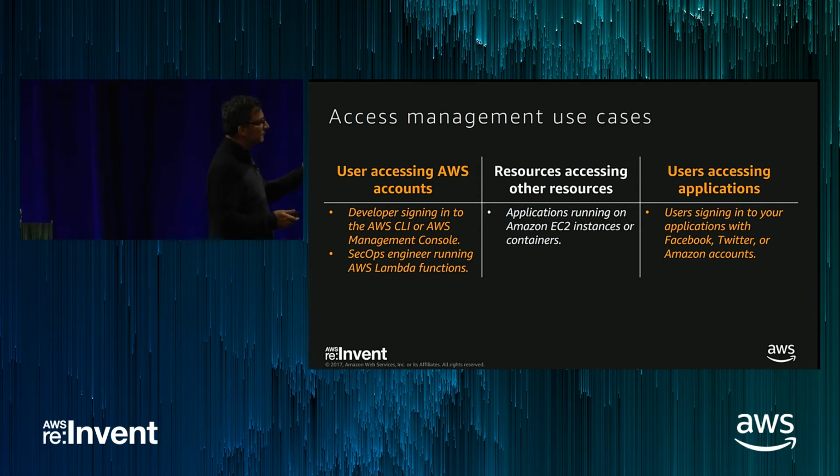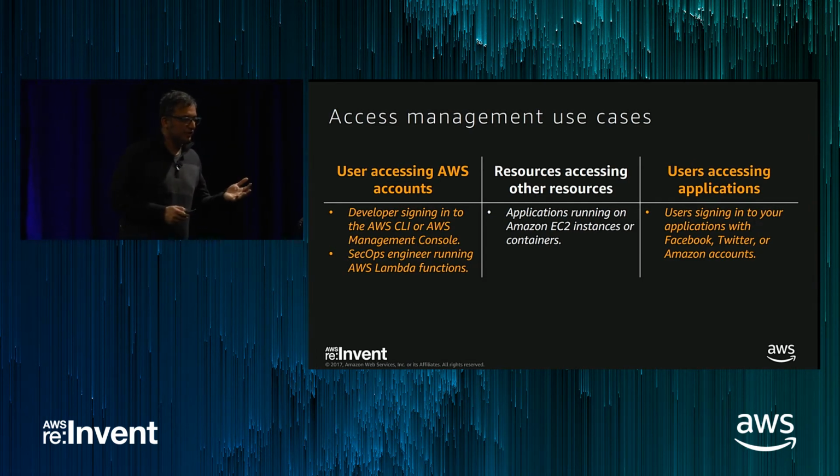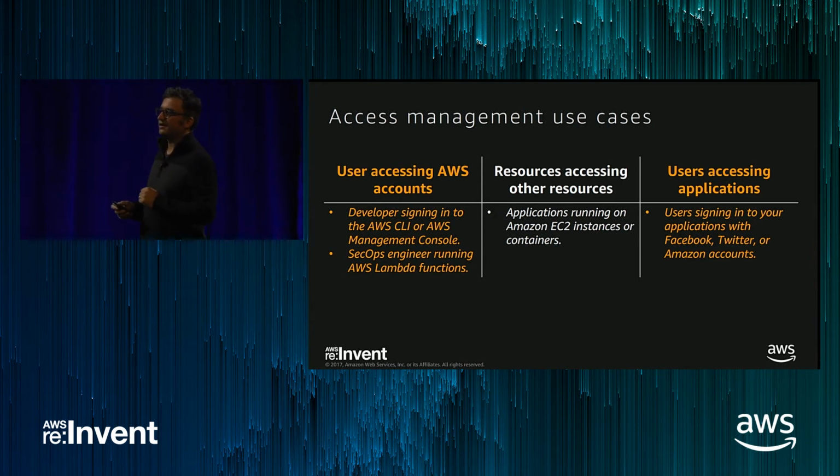So there are many different scenarios there. For example, how does your developer use the AWS CLI to enumerate EC2 instances or create EC2 instances? How does your security ops engineer create a Lambda function to audit the configuration across your accounts? So those are examples of people within your organization that are responsible for managing as well as creating your AWS infrastructure.